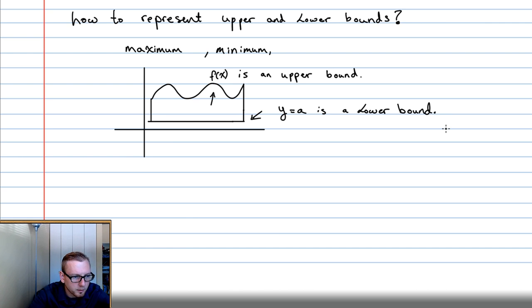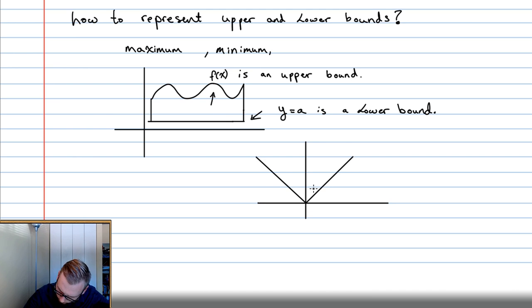What's another way we could say it? Let's say we've got some absolute value functions. And this line right here.